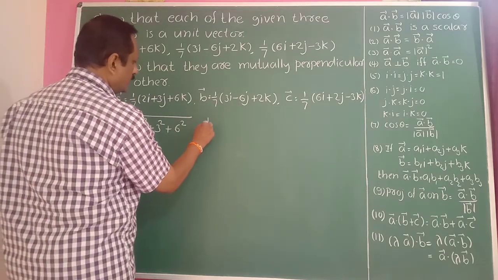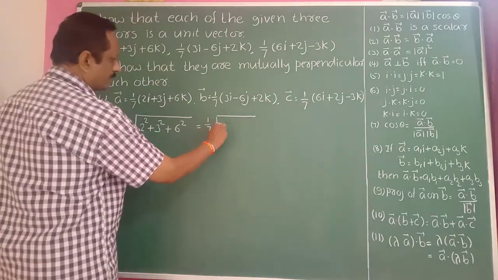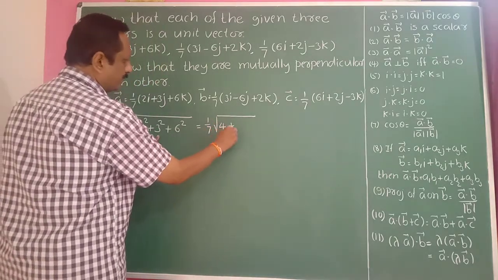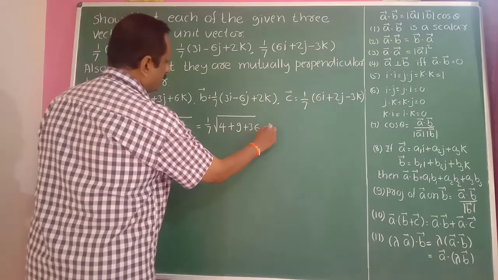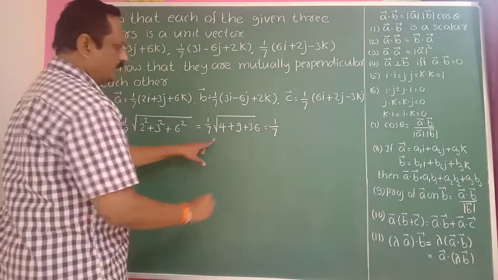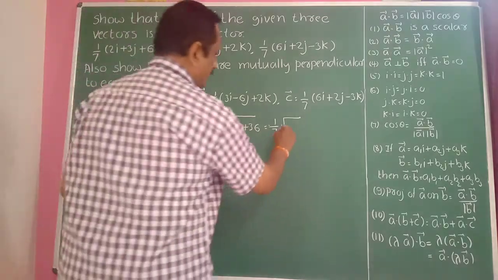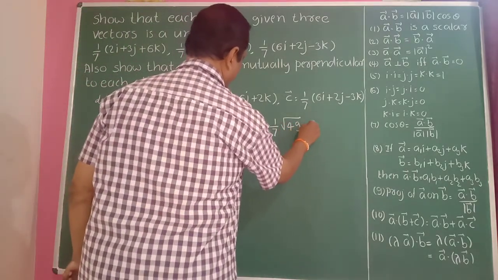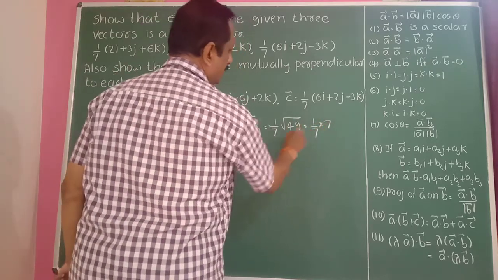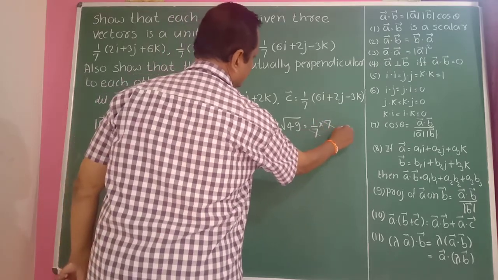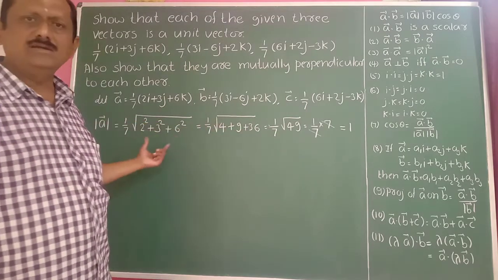So this is equal to 1 upon 7 into root of 2 squares are 4, 3 squares are 9, plus 9, and 6 squares are 36 here. Therefore 1 upon 7 into root of 36 plus 4 is 40, plus 9 is 49. Root of 49, square root of 49 is 7 here. So 7 and 7 cancel. This is equal to what here? 1 here. Hence the modulus of a bar is equal to 1. Hence it is a unit vector here.